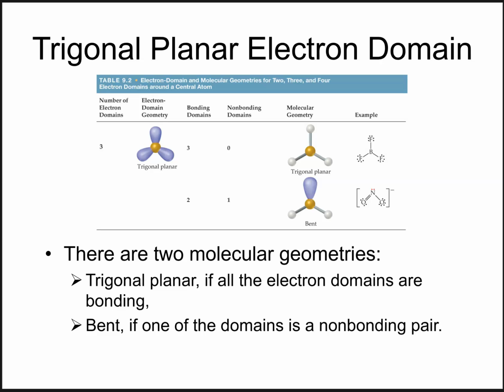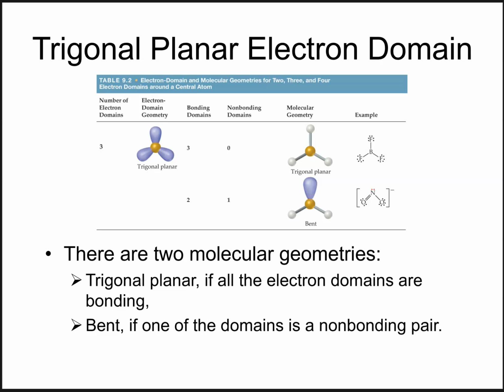However, if one of the electron domains has a lone pair on it, then we have a bent structure. We have two bonding domains, one non-bonding domain. What happens is the molecule gets bent a little bit, and so we have a bond angle between the outer atoms of approximately 118 or so.